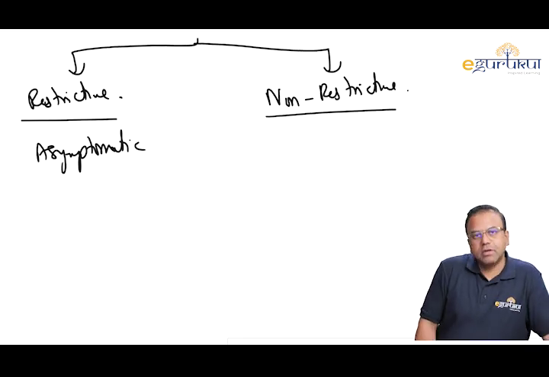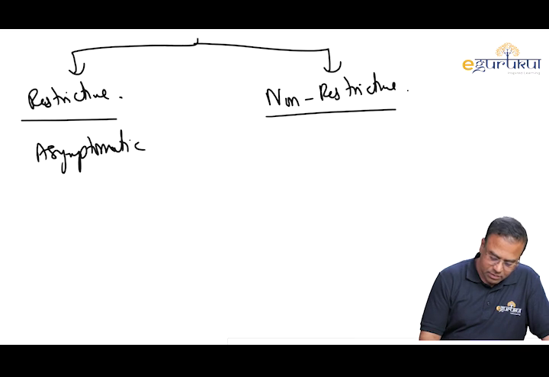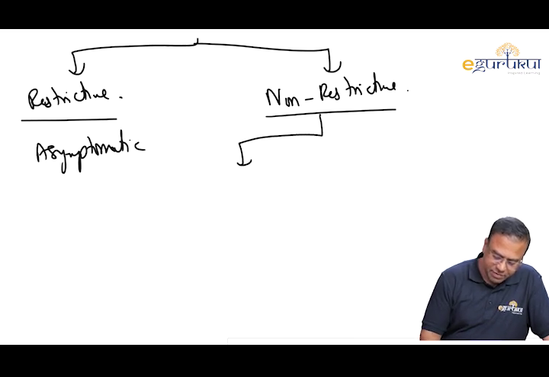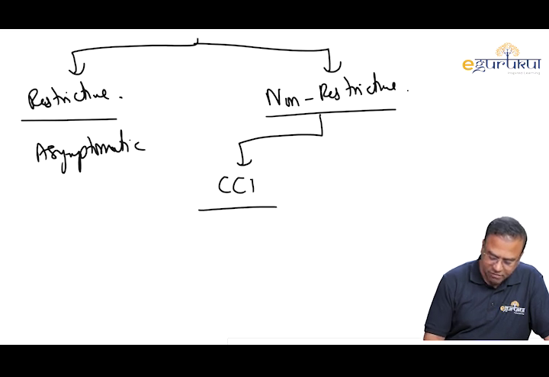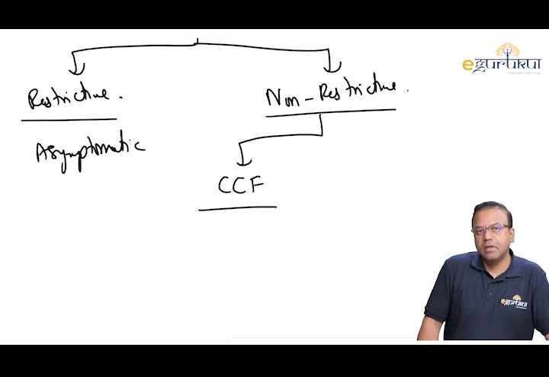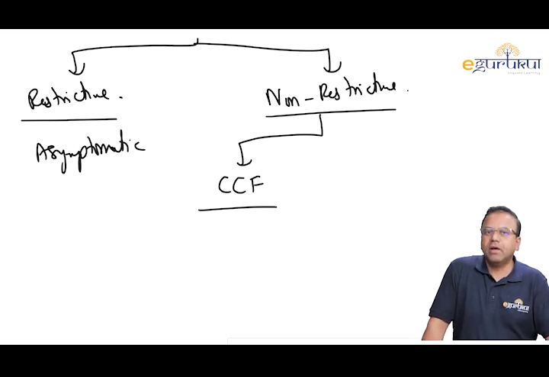So if you look at the symptoms, particularly in infants, they can have features of congestive cardiac failure. In a child, the congestive cardiac failure features are very different from what we expect in an adult. You typically don't expect pedal edema or a raised JVP in an infant.